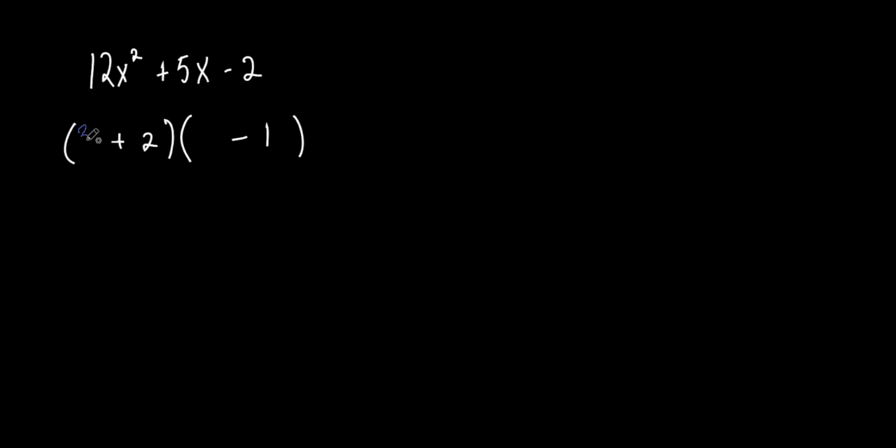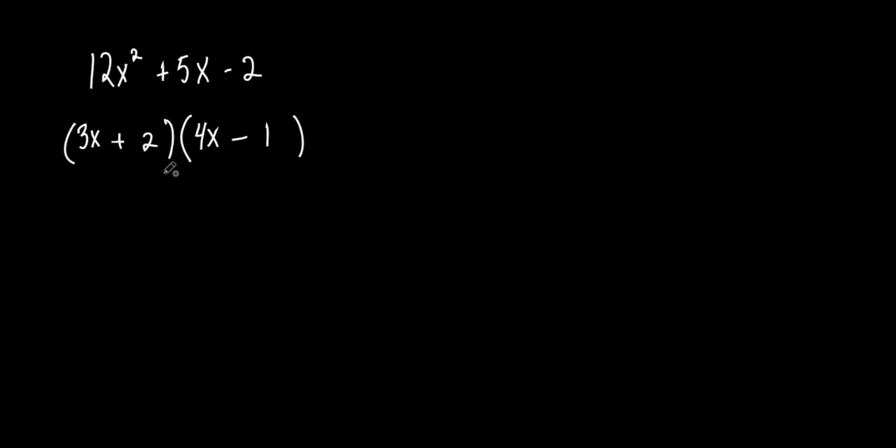3 times 4? Okay. Now watch this. Would you agree that 3x times 4x is 12x squared? Yes. Do you agree that positive 2 times negative 1 is negative 2? Yeah. How do I know if that's factored correctly? I've got to do the outside and inside, right? So what's the outside going to give me? Negative 3x. What's the inside going to give me?